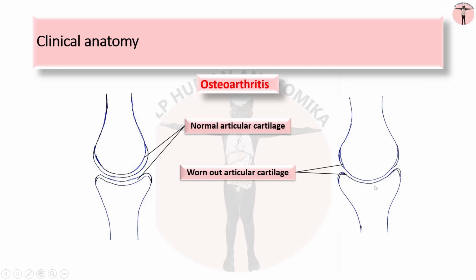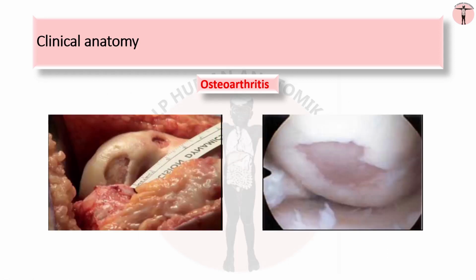So this is the worn out cartilage seen in the side view. The two pictures show the worn out cartilage which is surrounding the articular surfaces of the bone.